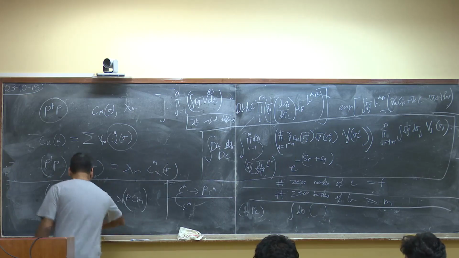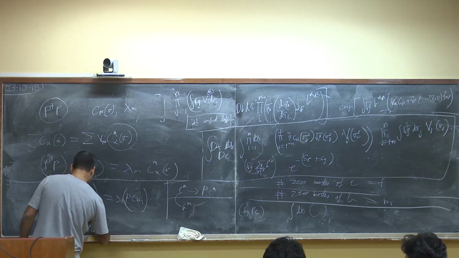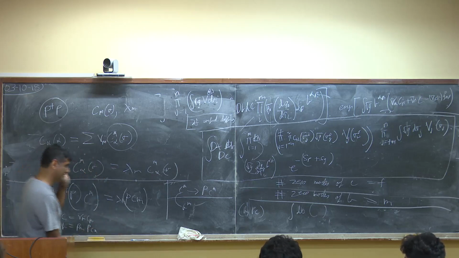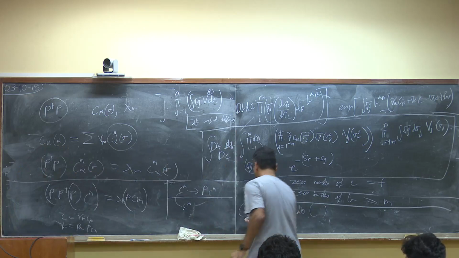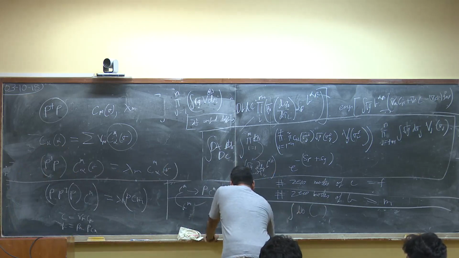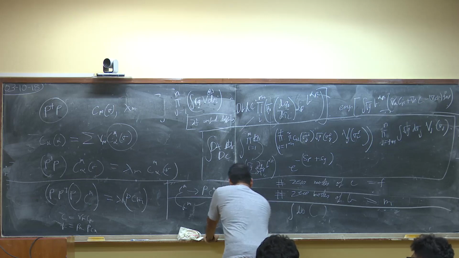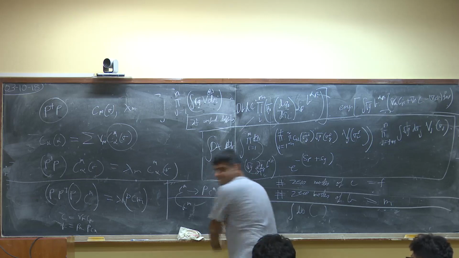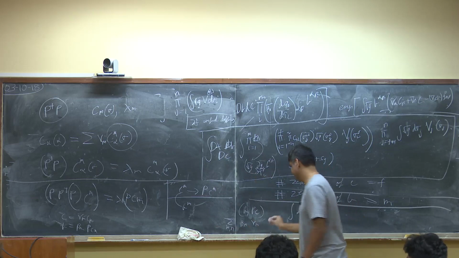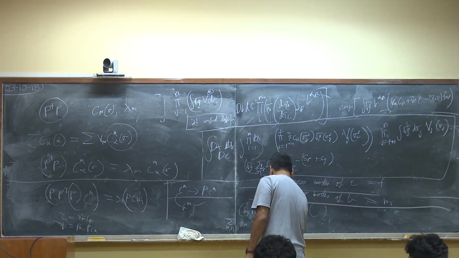Beta, thank you, PCm. So we get sum over m, n of beta m gamma n PCm PCn.